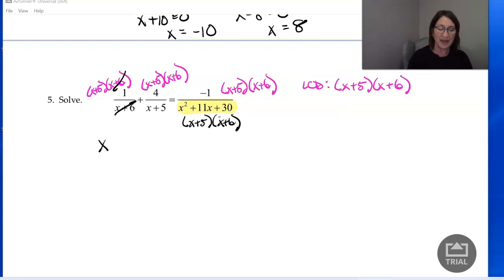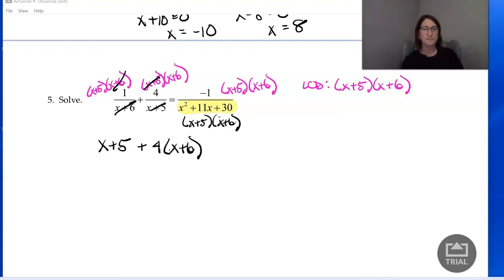I'm just left with x plus 5, because x plus 5 times 1 is just x plus 5. Now my x plus 5's reduced, so I've got plus 4 times x plus 6. Now on the right side of my equation, my x plus 5, x plus 6 reduce, and it's equal to negative 1. Let's go ahead and distribute on the left, and then combine like terms.